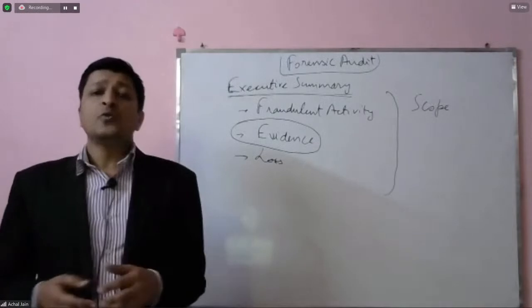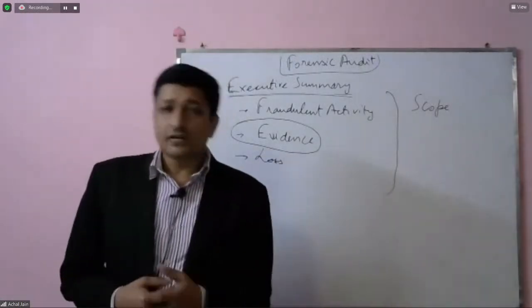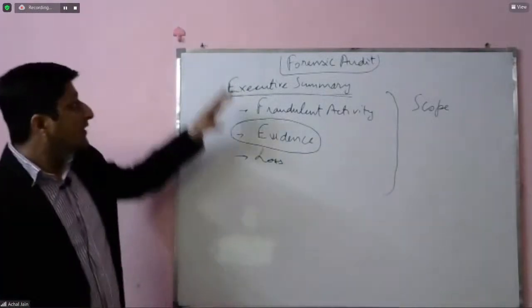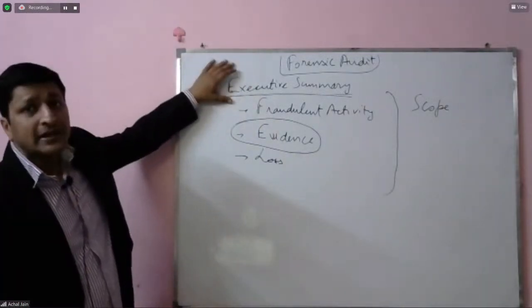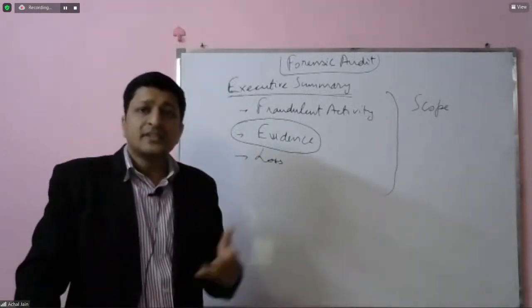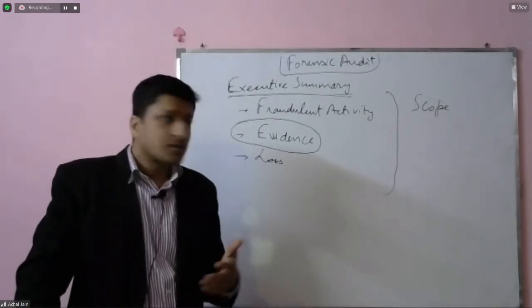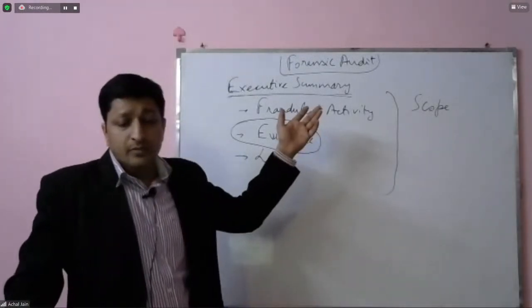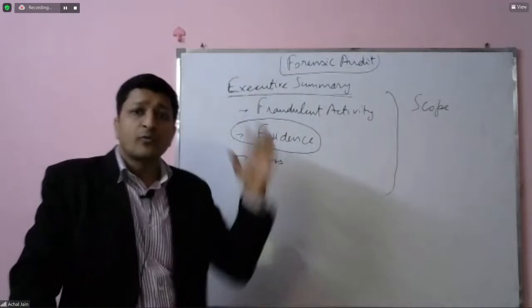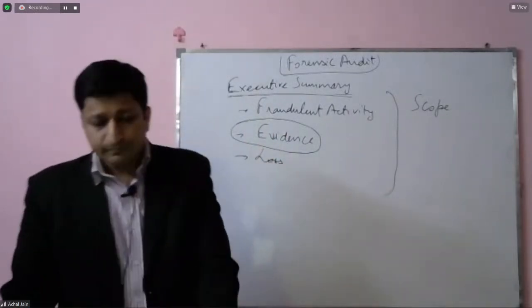So that somebody who is looking at all of these things, somebody who is getting into the analysis of all of these things, can first of all take an overview of what lies in the report in detail. Everything around it can be just taken up through a glimpse of this executive summary, because executive summary will give an overall picture of what all is forming part of the report.